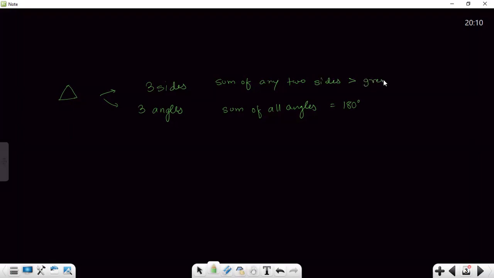These requirements impose limitations on the manner in which the relations between the elements are defined. For a triangle, there are six elements, three sides and three angles. The sum of all angles in a triangle has to be 180 degrees, and the sum of any two sides should be greater than the third side.